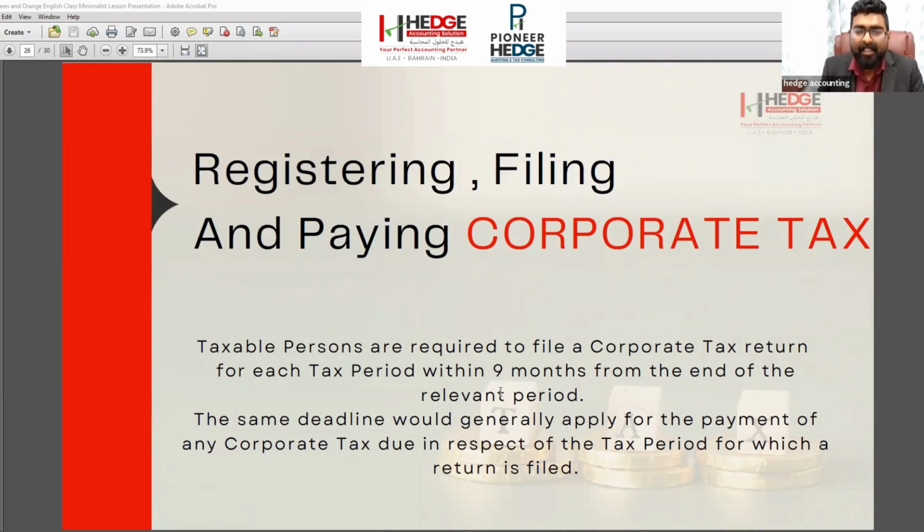From the end of the tax period, within 9 months, you have to file and pay. The same applies to filing and to payment also. You have a 9 month period. For example, if your tax period ends in December 2024, you can pay the tax till September 2025. That's the time limit given by the corporate tax: within 9 months from the end of the tax period.